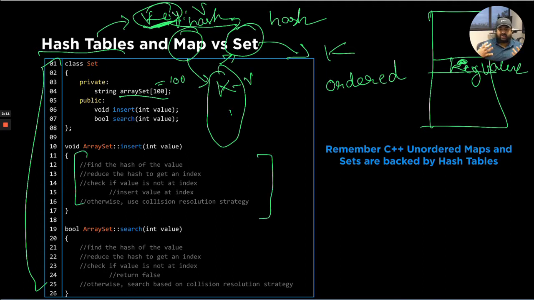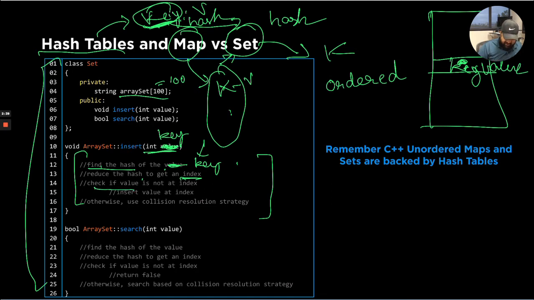If you are trying to build your own data structure, the sequence of events would be: it takes in a value, or better to call it a key. You first find the hash of this key, then you reduce the hash to get an index. I'm just telling you the sequence of events.